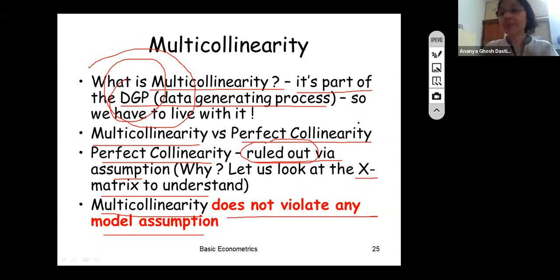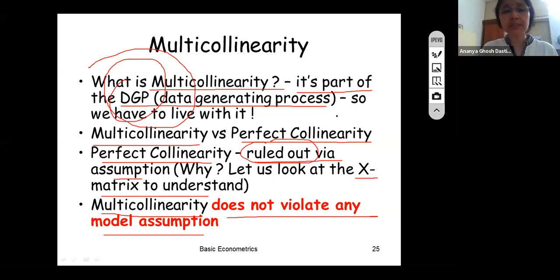That's the way that data gets generated. That is the way the labor market works. People with more education have more experience, and so we tend to have a high correlation between education and experience. I can't do anything about it. Similarly, firms that are doing very well in terms of sales, who are the market leaders, may often offer higher returns on equity. There's nothing I can do about it.